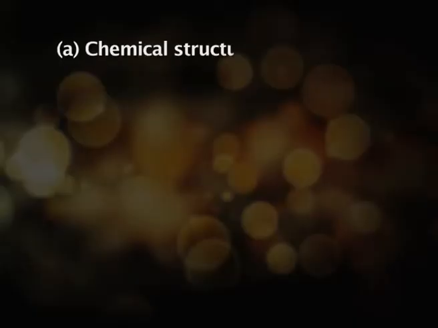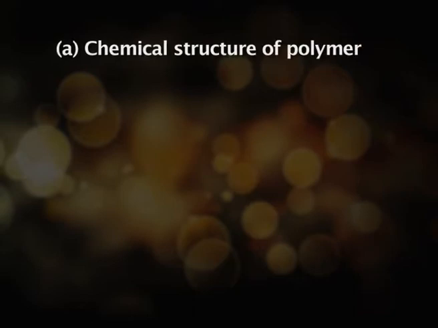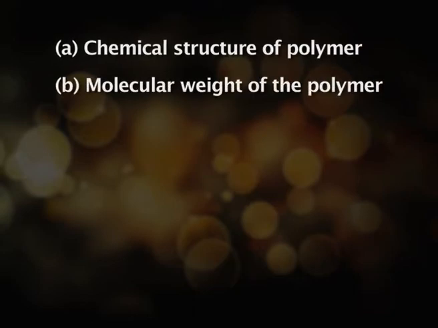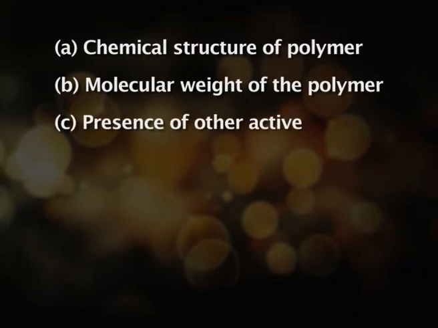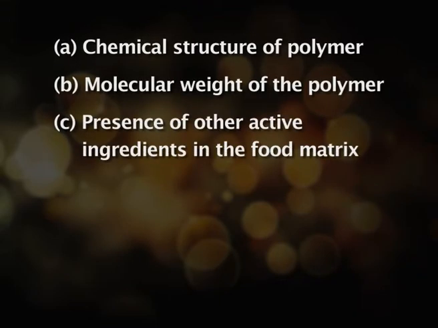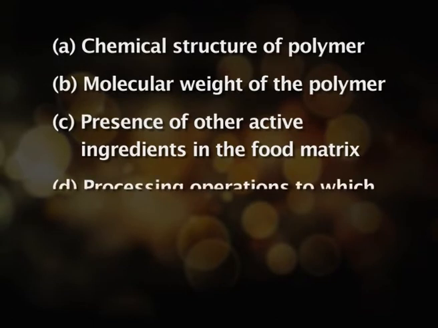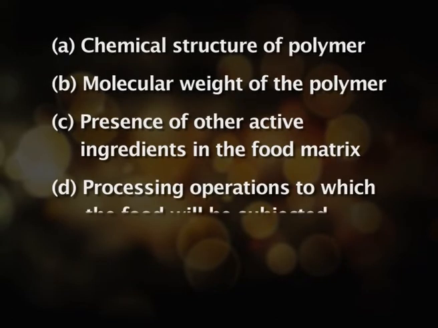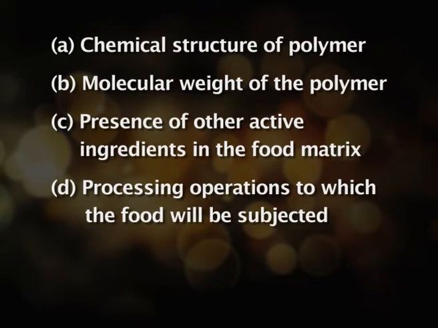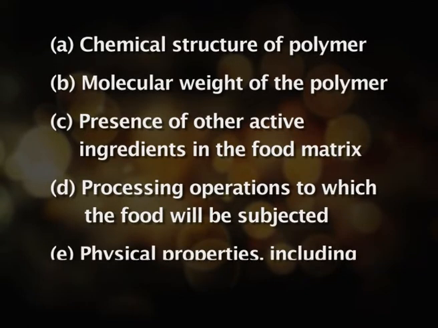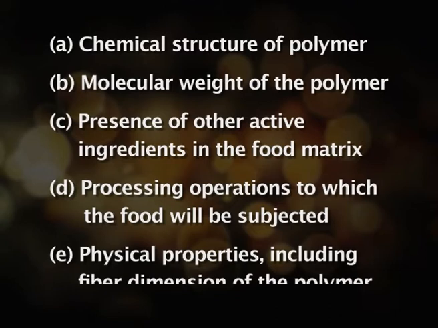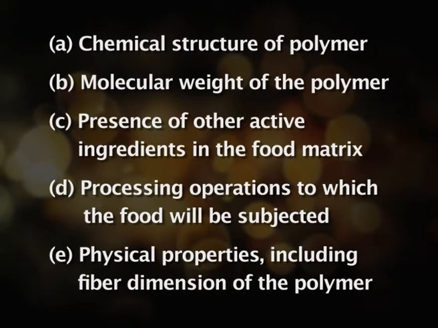First, the chemical structure of the polymer. Second, the molecular weight of the polymer. Third, the presence of other active ingredients in the food matrix. Fourth, the processing operations to which the food will be subjected. And the last, the physical properties, including fiber dimension, of the polymer.